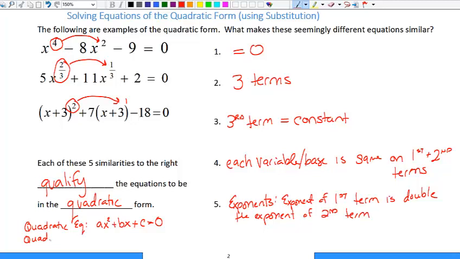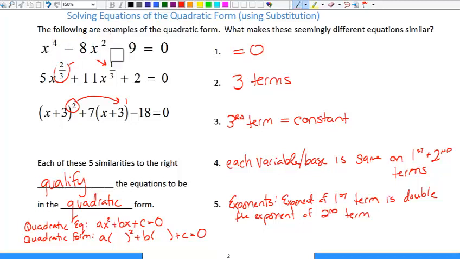So of the quadratic form, we have to have a times something squared plus b times something plus c equals 0. So the quadratic equation is just simply ax squared plus bx plus c, but if it's similar to the quadratic equation, meaning a times something squared plus b times that same something plus c equals 0, then we can say it's of the quadratic form.